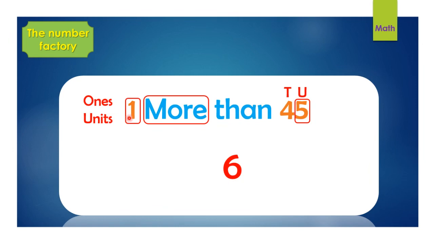So when I say 1 more, it means that I add only 1 to the units, because here I have 1, which means the ones place or the units place. Okay, mister, what about the tens place here? It's easy. He didn't say I'm gonna change the tens or add 10. He said only 1, and we already added. So 5 plus 1 equals 6. And this 4, drop it down.